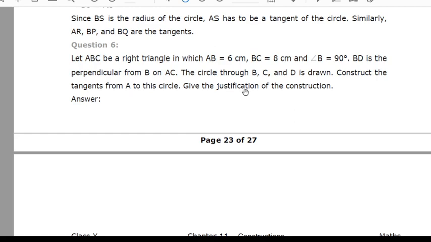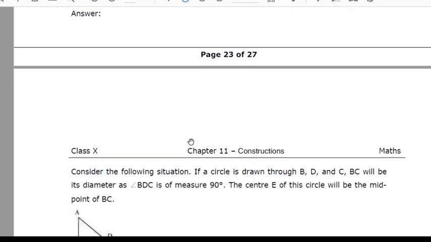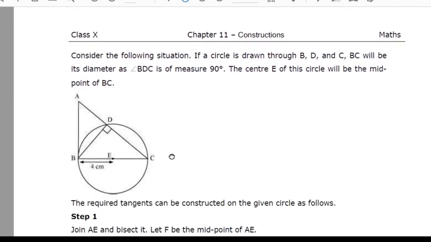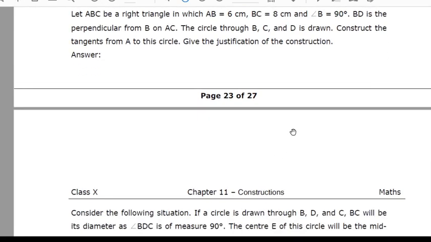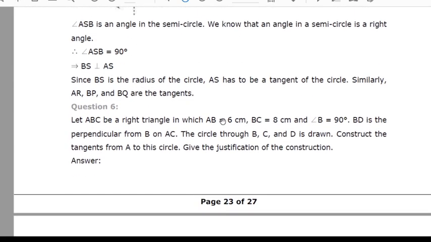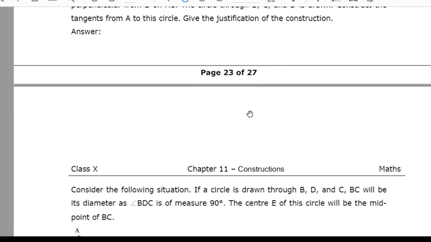BCD means we have to draw a circumscribed circle. A, B, C. The point D comes where BD is the perpendicular from B on AC. So this is your D.